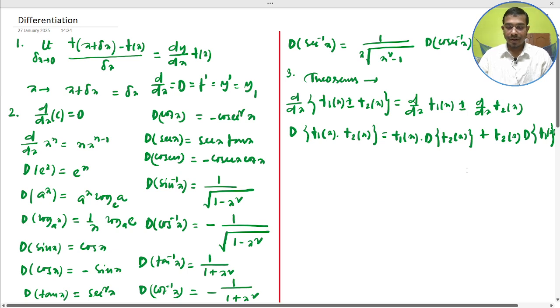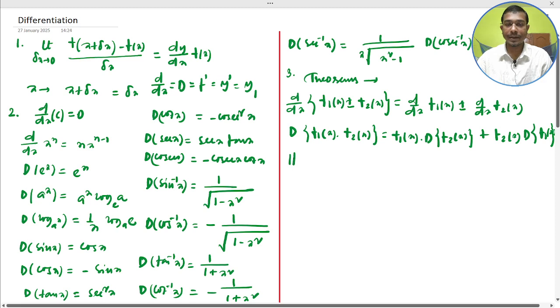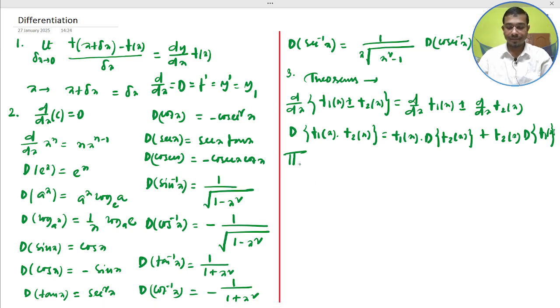Next, if y is a product of two functions, capital pi, suppose f1 and f2, then dy/dx is first function f1 into D of second function f2 plus second function f2 into D of f1. This is the formula.